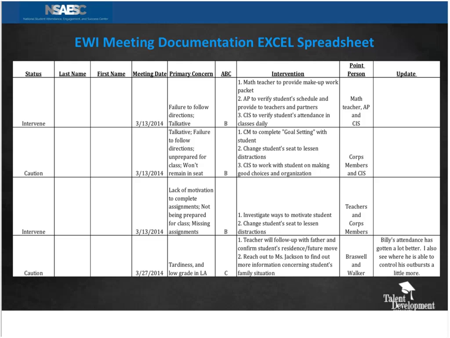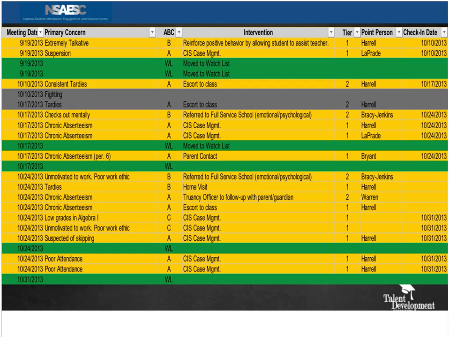So again, here's an example of an Excel spreadsheet that would create the graph that I shared earlier. And it's also an easy way to disseminate the information to other people who may not be at the meeting, but share that student throughout the day so they can know what interventions are being assigned to that student.